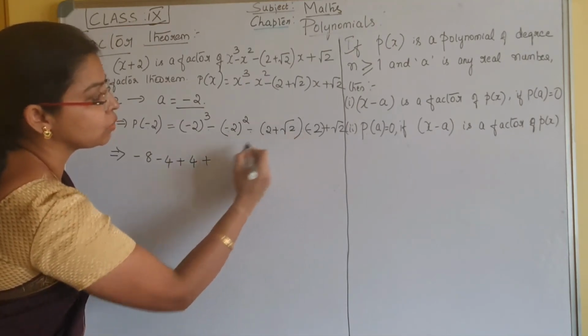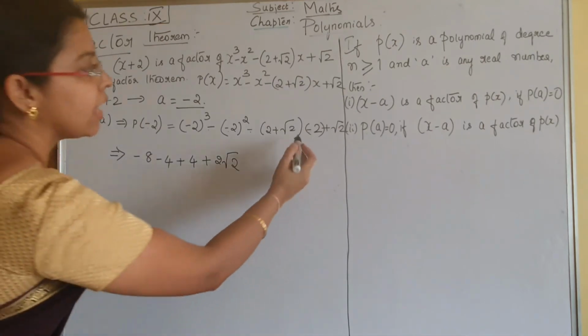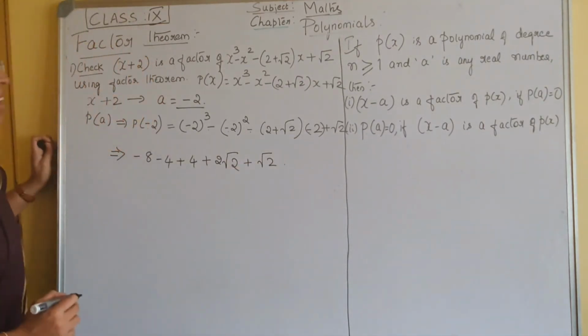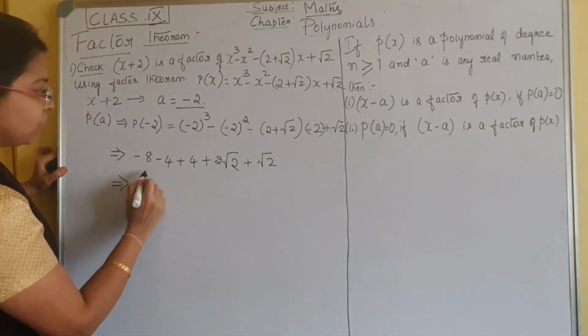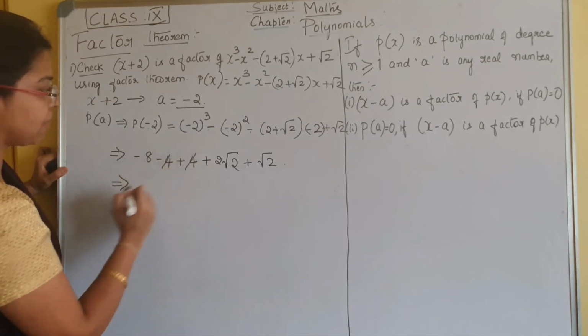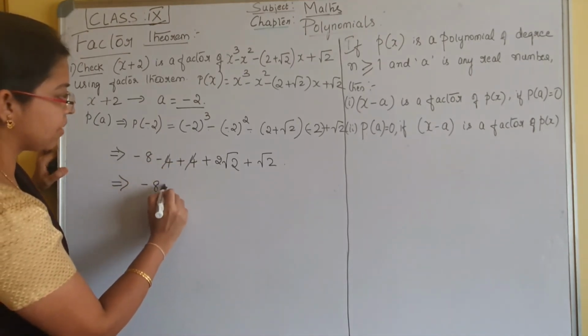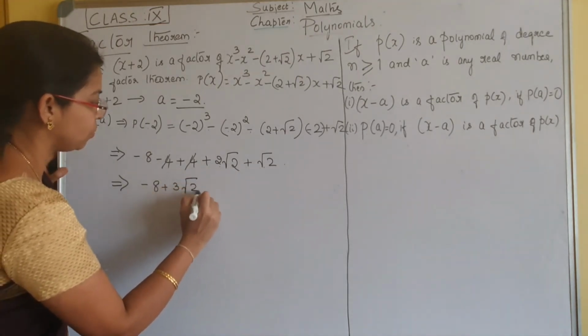Then 2 into root 2 is nothing but 2 root 2. And then we have plus root 2. Now this will give you minus 4 and plus 4 is gone. We have minus 8 plus 2 root 2 plus root 2 gives you plus 3 root 2.